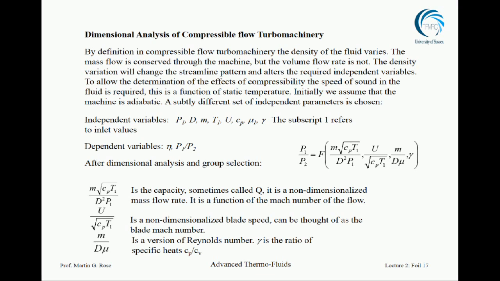So they're the 8 parameters which are important. You go through the agony of removing each of the dimensions one at a time, and you end up with this expression, which is an expression for the pressure ratio. Note, pressure ratio is a dimensionless group, so it's a very active participant in dimensional analysis.